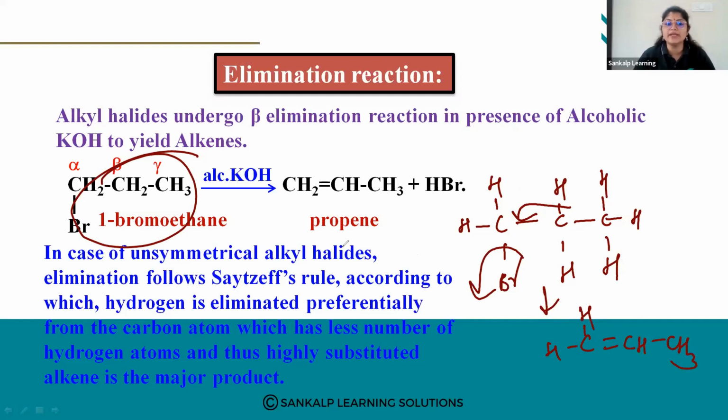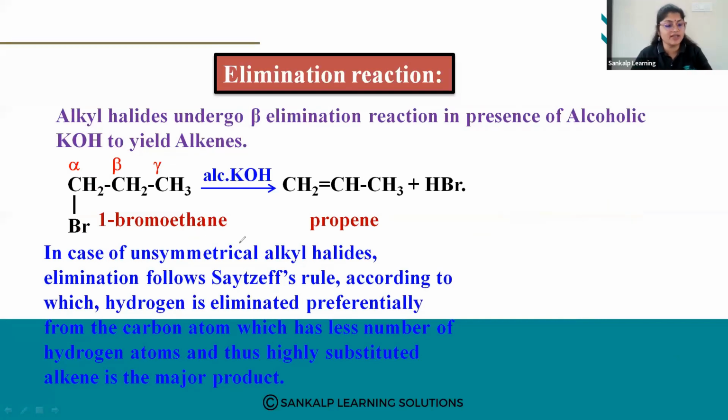Understood? So this is a beta elimination: from the beta carbon your hydrogen, and from the alpha carbon your halogen, will be removed. This is called beta elimination.